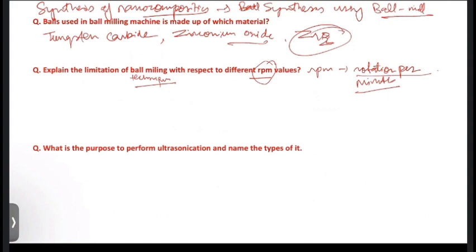Okay. Then what is the limitation? The question means that if we increase the speed, increase the RPM value, how will it affect the grinding of your reactants? If we decrease the speed, or if the speed is medium or intermediate, how will it affect the grinding conditions?